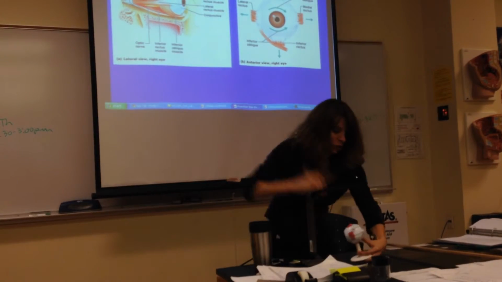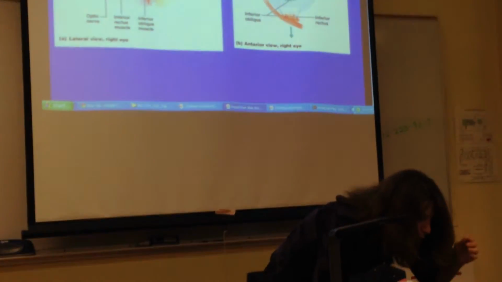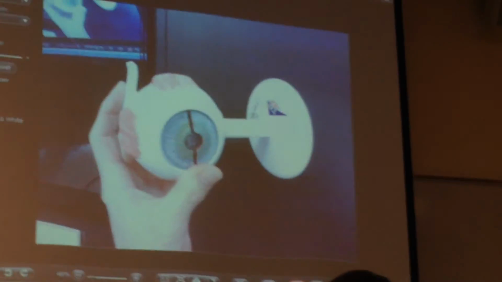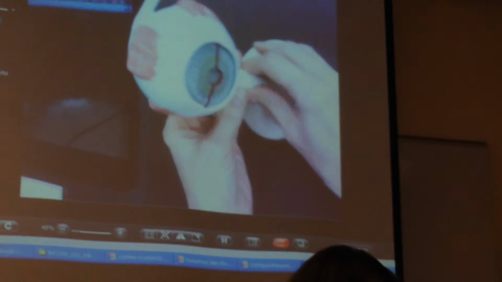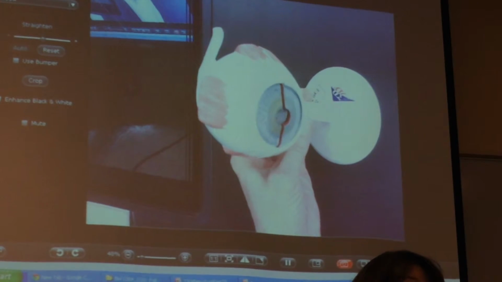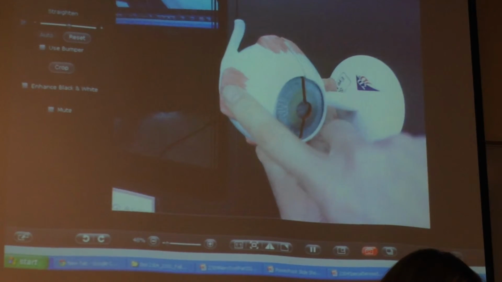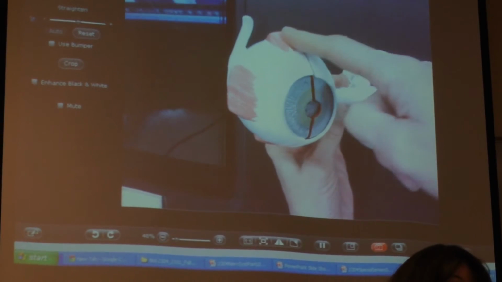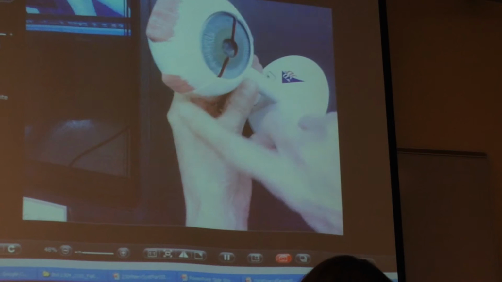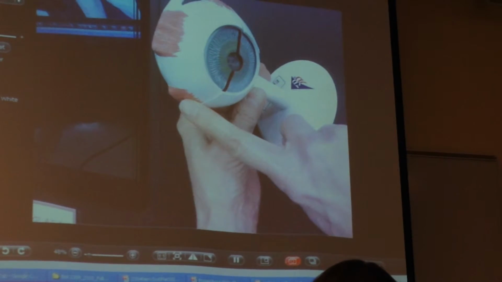If we look over here to our camera, we have to be able to recognize which is our medial and which is our lateral. The side where the trochlea is located is going to be the medial part of the eye. Knowing that, I know this muscle on this side is the medial rectus muscle, and the one on this side is the lateral rectus muscle.